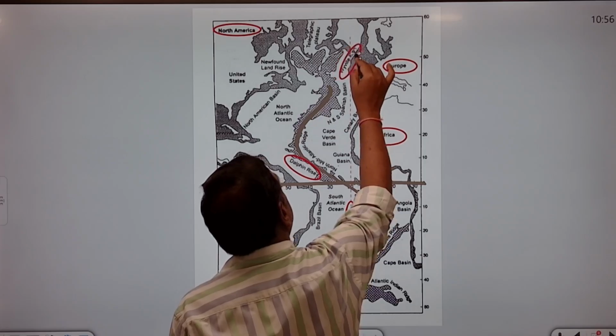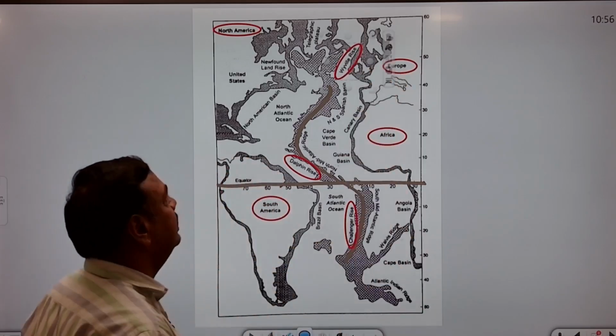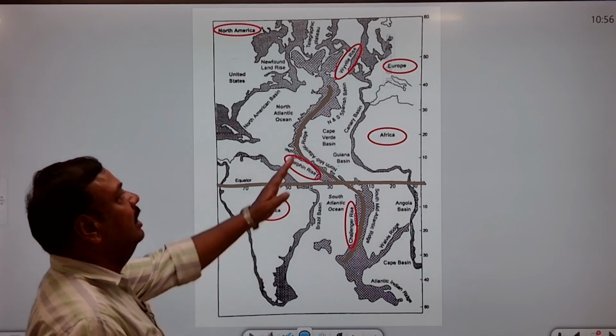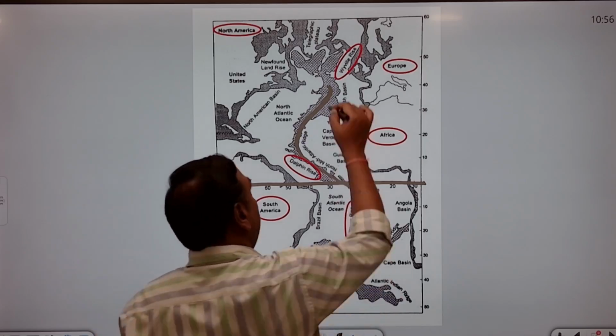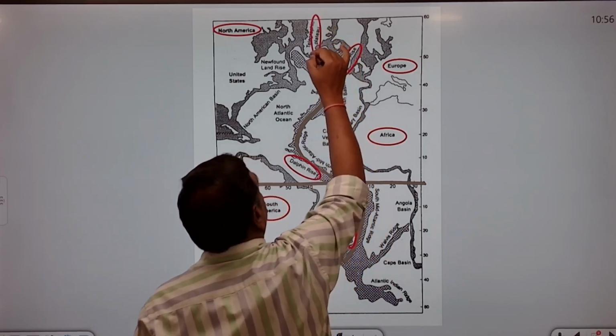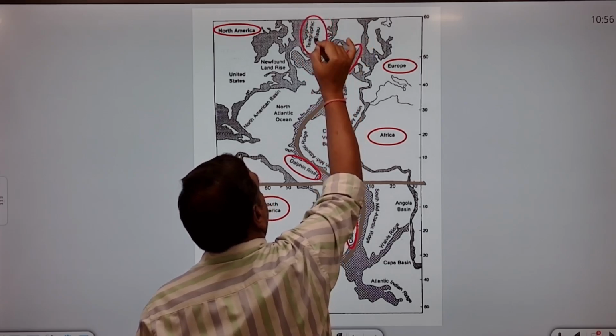It is called Wyville-Thomson Rise. You can see here, it is moving towards the European region, right? And the second part is written here. This second part is called the Telegraph Plateau.